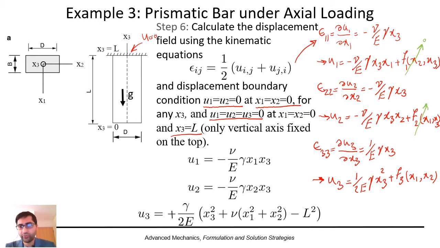Also f2 is 0 because u of x2 equal to 0 is 0. Here it's because u1 of x1 equal to 0 should be 0. But here we have a value for f3.